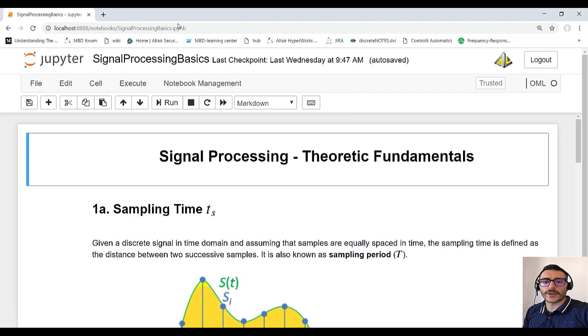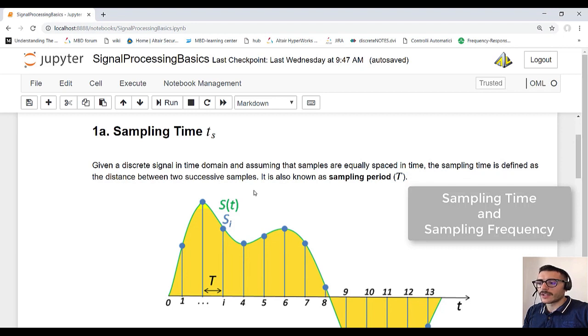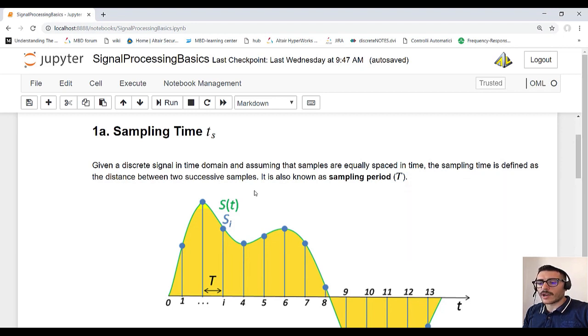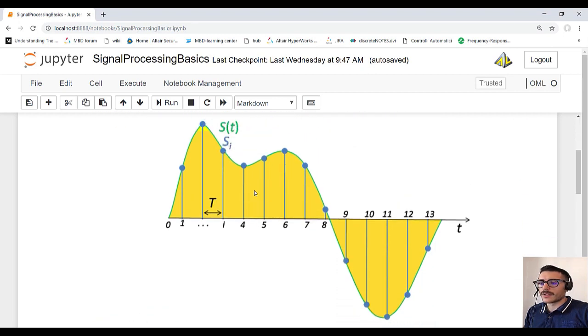So the first topic we are going to discuss is sampling time, and as everyone knows, computers work on discrete data, and the sampling time defines how we move from a continuous signal to a discrete one. So let's look at this picture.